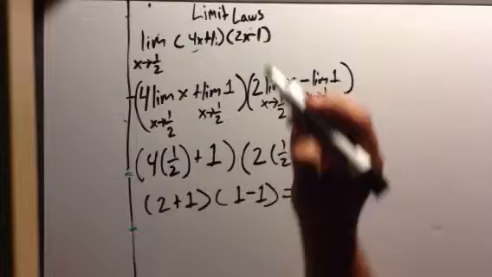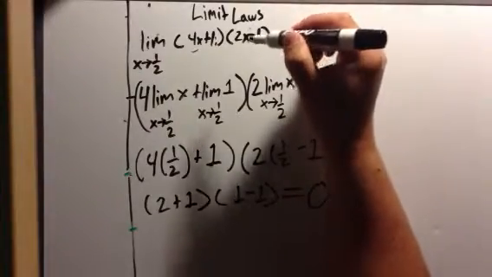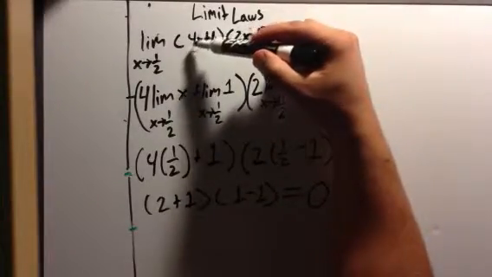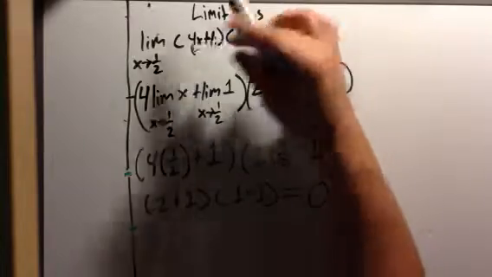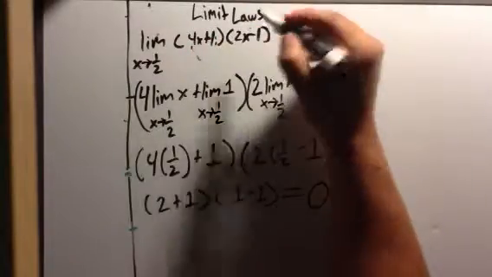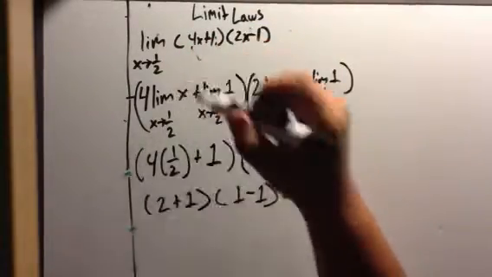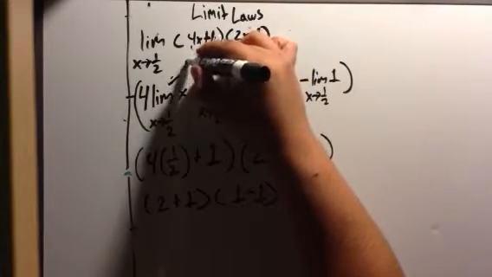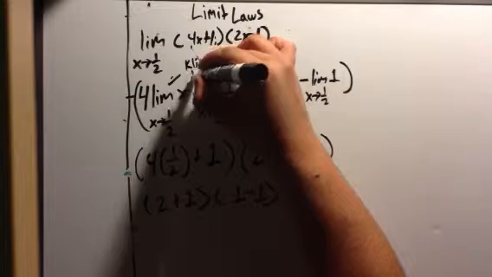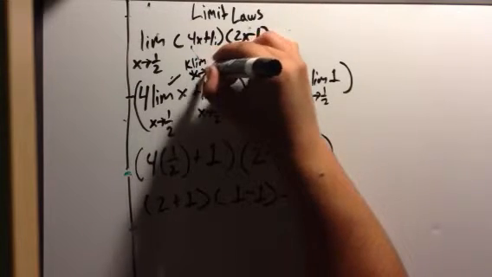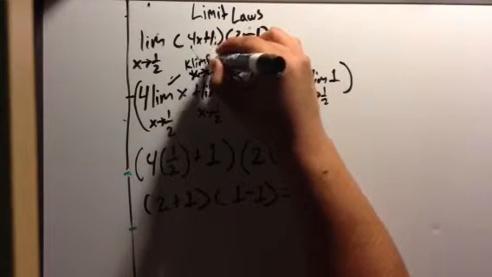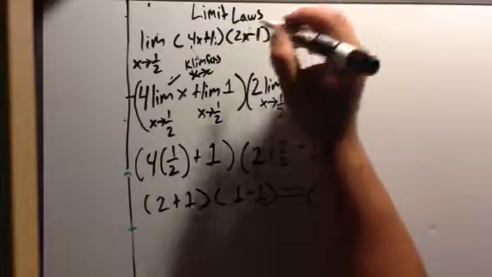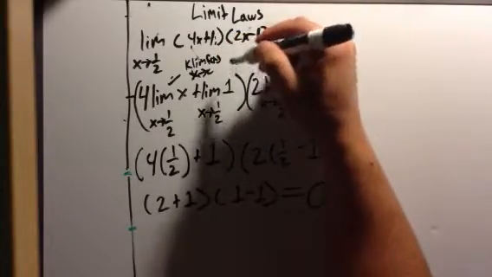So what we did is we used the equation right here: k times the limit as x goes to some number c of f of x. And right here, it's pretty straightforward.